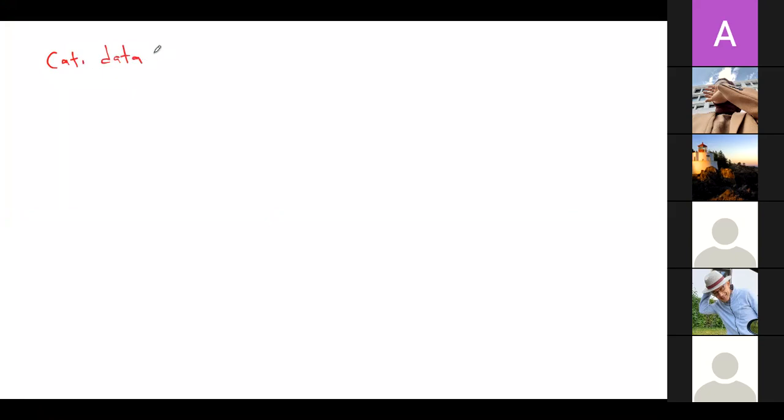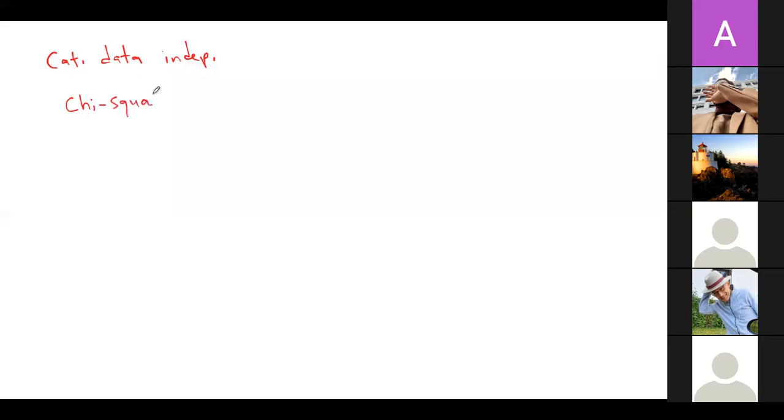Categorical data, independent groups. It doesn't matter, only 2 independent groups or more than 2 independent groups. If you have categorical data, independent groups, you do the chi-square test.